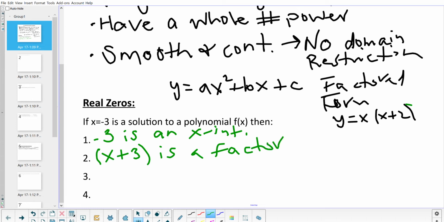Those are maybe the 2 easiest things to pull out. The next one I'm going to write down is something more about just writing about x equals -3, writing it in this form up here. x equals -3, if it's a solution to the polynomial, then it is a real zero, as in it's not imaginary.